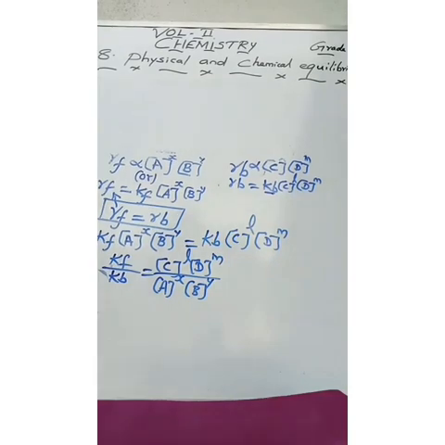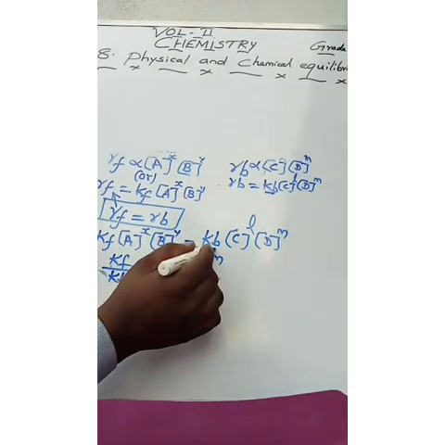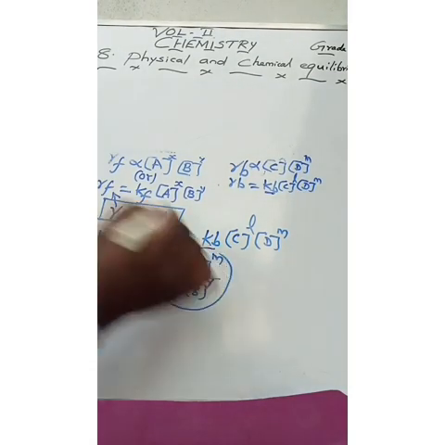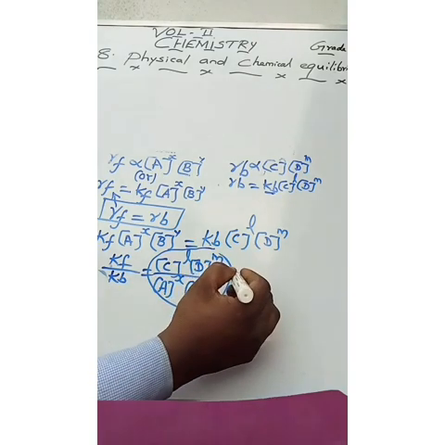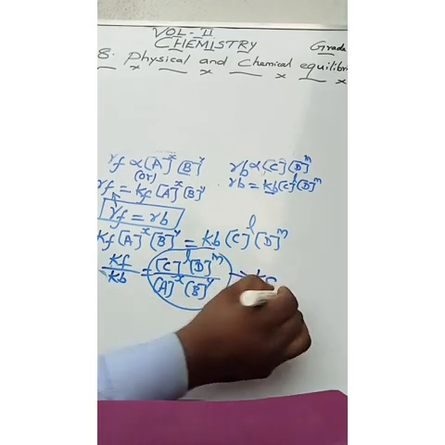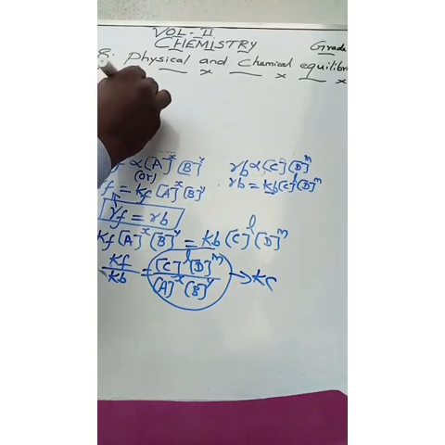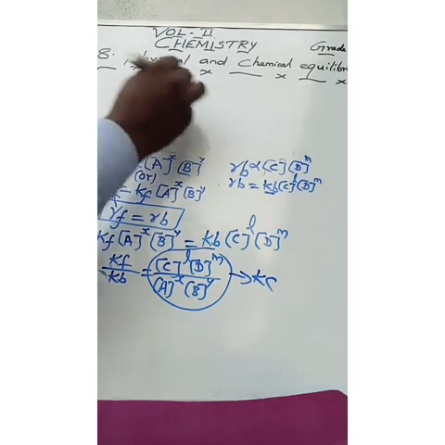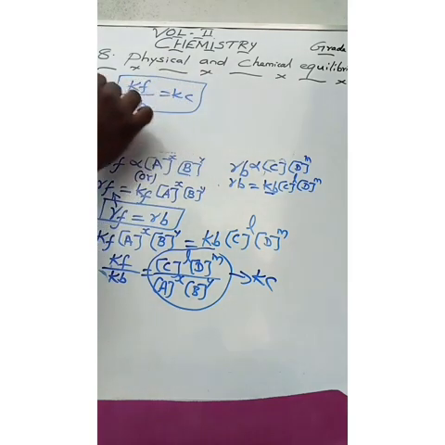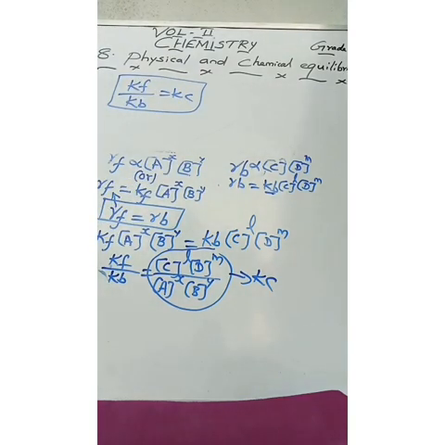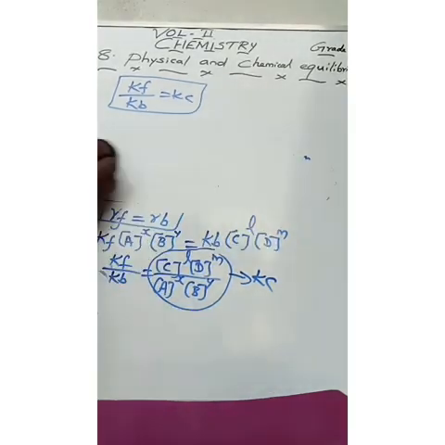This term, C power L, D power M divided by A power x, B power y, we write as Kc. What is Kc? Kc is an equilibrium constant. Don't forget that.